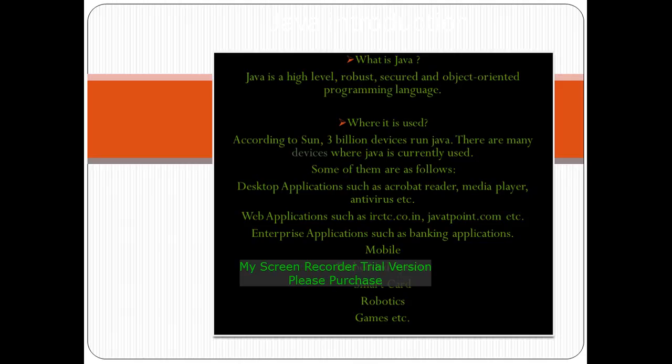And in web applications, we are using them for web level applications. A web level application is generally used to communicate in client and server architecture. And for mobile applications, nowadays in the market we are seeing Android applications.